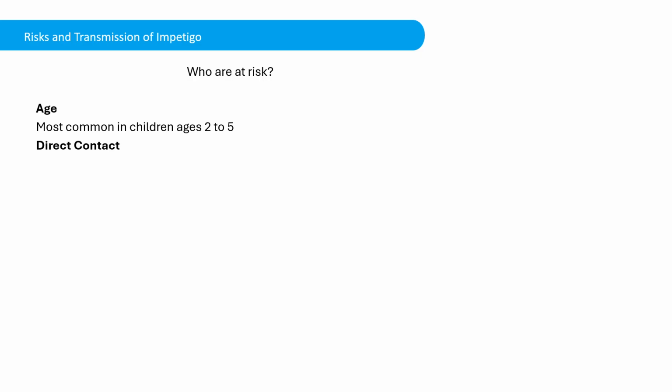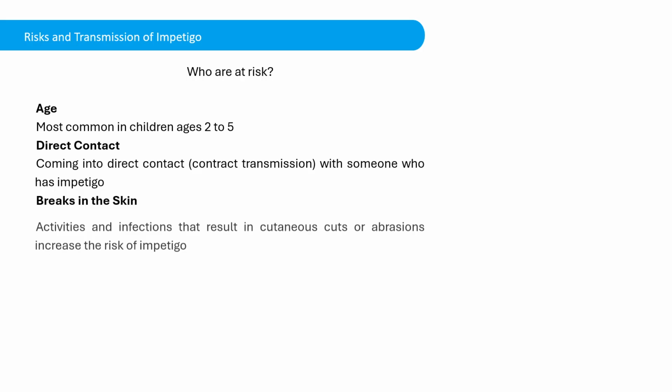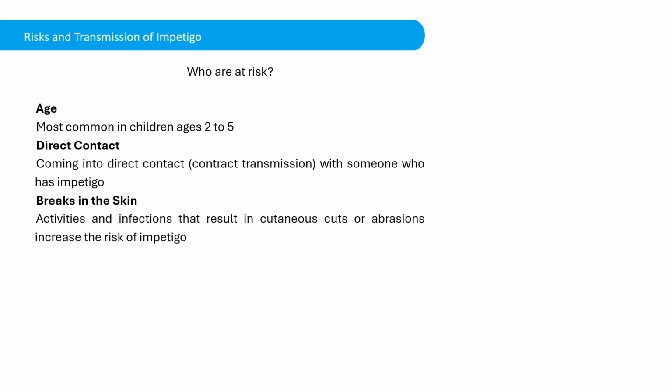This is a contact transmission disease, meaning if you come into contact directly with someone who has this disease, your chances of getting the disease are very high, especially if you have any type of lesion or cuts on your skin. Like I said before, having any type of lesion or trauma to your skin increases your risk of impetigo.